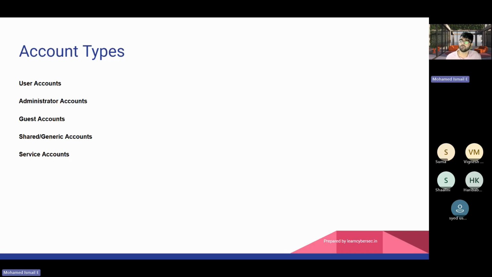Shared generic accounts, and service accounts as they call them. Shared accounts may overlap sometimes. For example, they purchase one Windows license, but 3 people come and use the same laptop for work. Morning 9 to 5, one guy logs in.